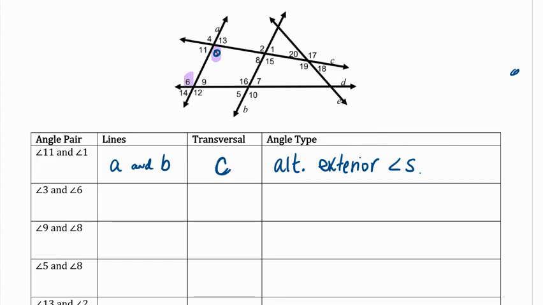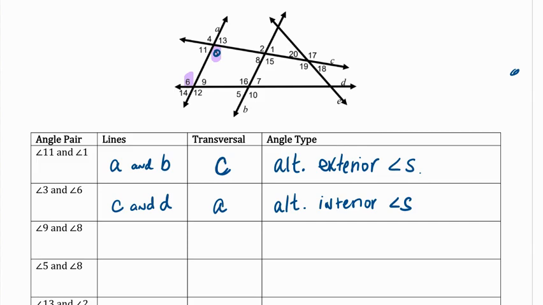And they both are a part of line A. And then the other two lines that make up those angles would be line C and D. And if I look at those two angles, they are on the interior of lines C and D, and they're on alternate sides of A. So these would be alternate interior angles. And we'll go through a couple more here to try.